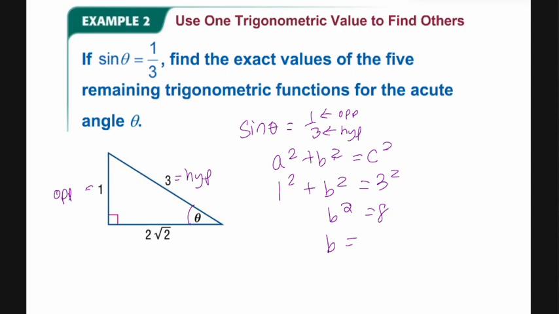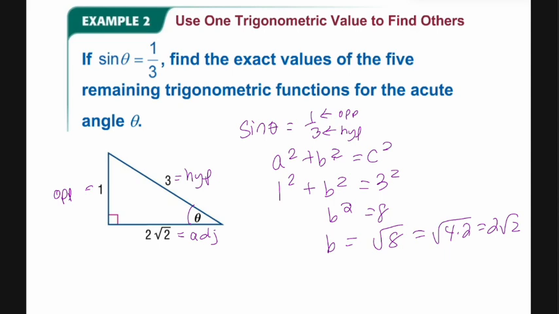So b is the square root of 8, which since 8 is 4 times 2 is 2 radical 2. Put 2 radical 2 in your triangle as your missing side. Now let's think about what we did. We drew our triangle that fit our situation. The sine was 1 over 3, that's opposite over hypotenuse. I put an opposite of 1, a hypotenuse of 3. I used the Pythagorean theorem to find my third side.